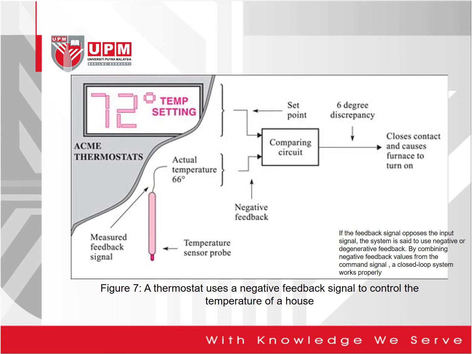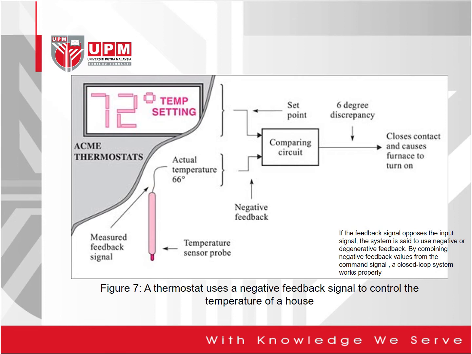As you can see, this is a negative feedback, as I explained before: the negative feedback value is subtracted from the command signal, and a closed loop system works properly.